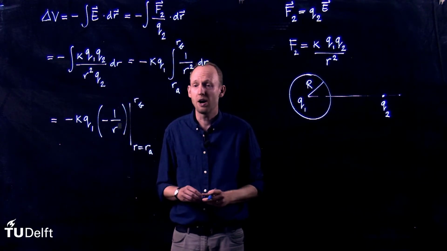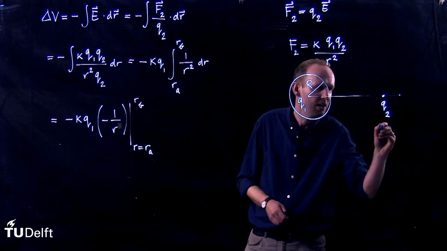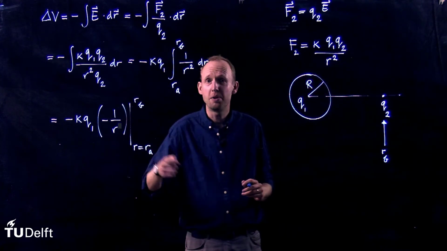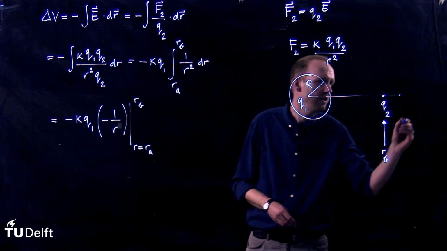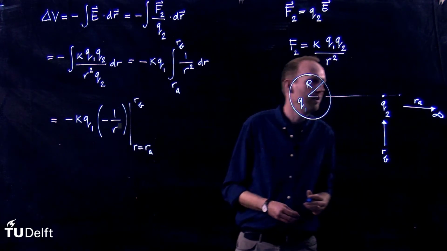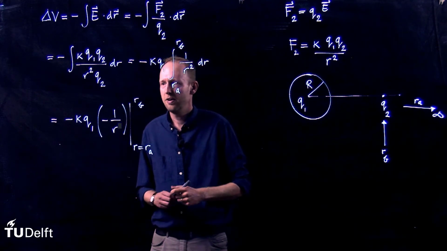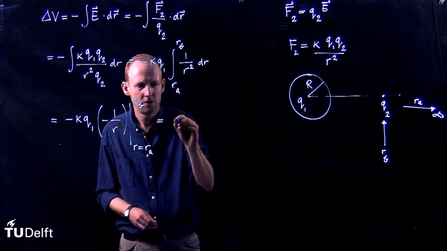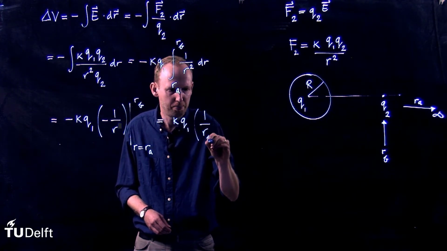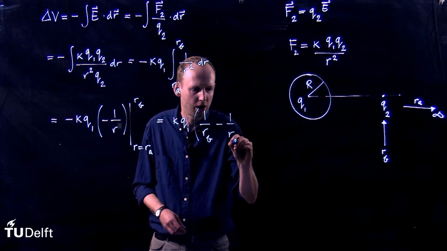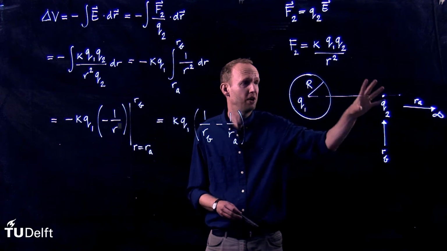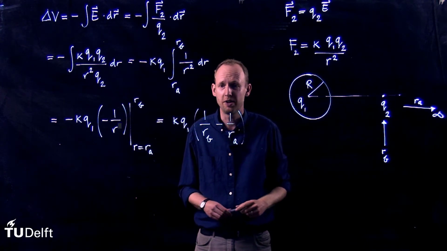Now the way these RA and RB are defined is that RB is the location of the point charge, and RA is the reference, which we always choose as infinity. So RA is out there in infinity, which means that if I write this out as K times Q1 times 1 over RB minus 1 over RA, this second term will always be 0, because we always define the potential with respect to infinity.